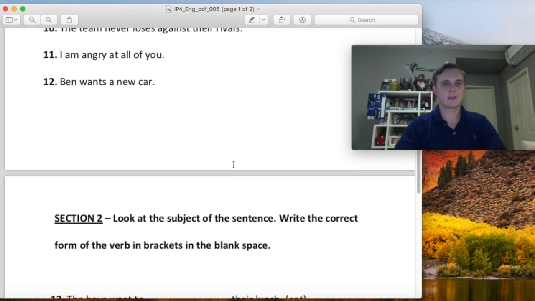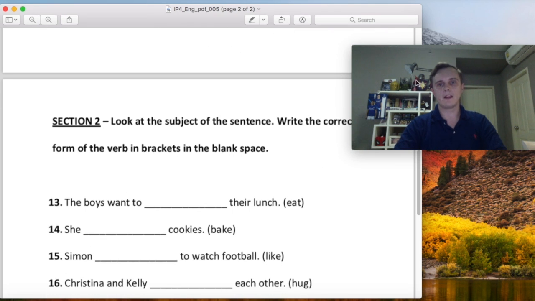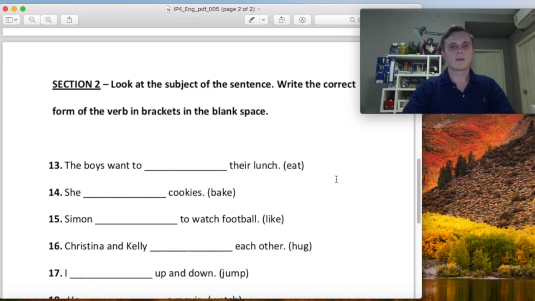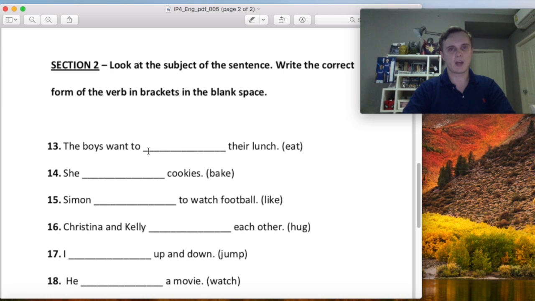Very easy. Section 2, though, it's a little bit more difficult. So you need to look at the subject in the sentence and then write the correct form of the verb in the brackets in the blank space. So, the boys want to something their lunch. Now we have the verb eat. Eat could be either eat or eats.